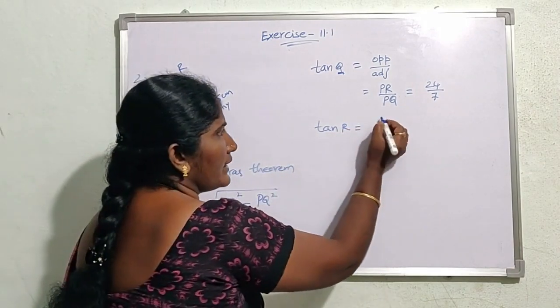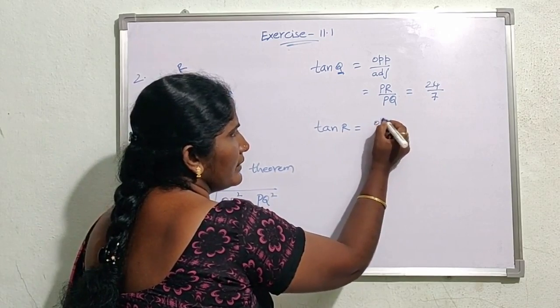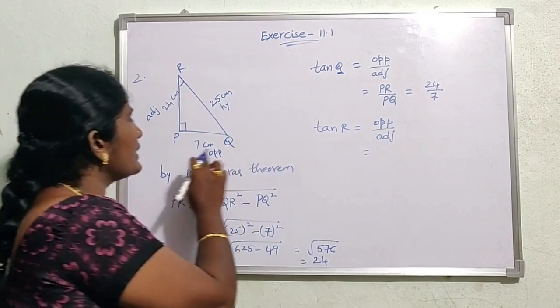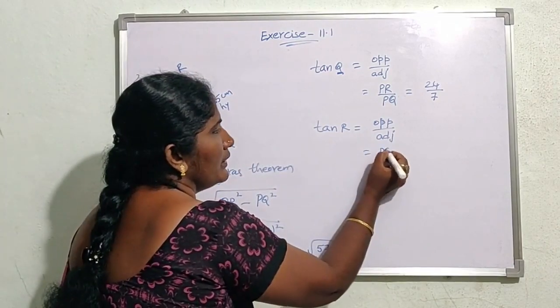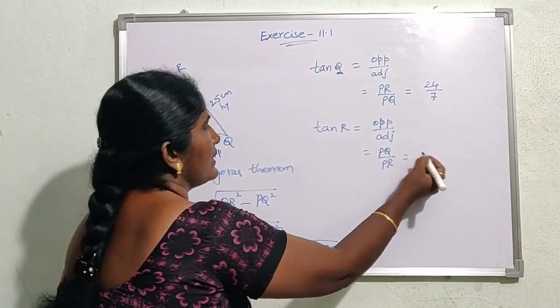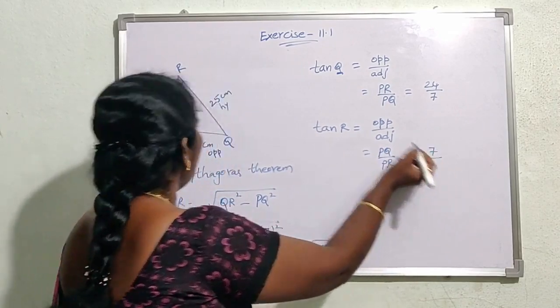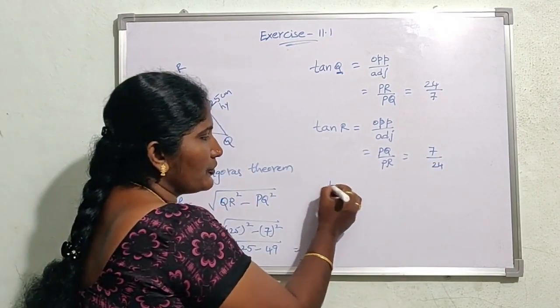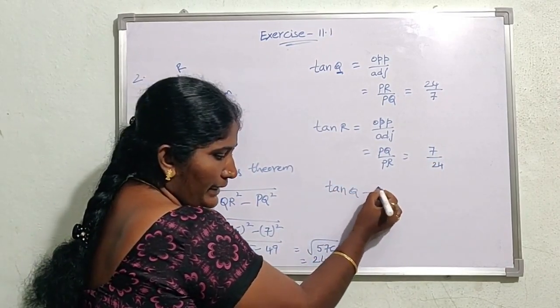Once again, tan R is equal to opposite side by adjacent side. In this case, opposite side is PQ and adjacent side is PR. Substitute the values. PQ is 7, PR is 24. Now what we want to find out? Tan Q minus tan R.